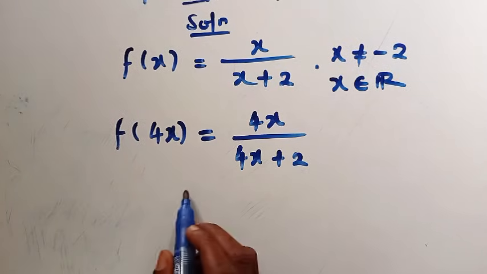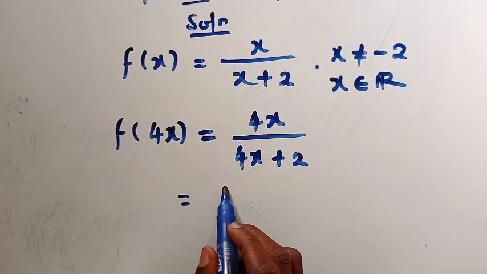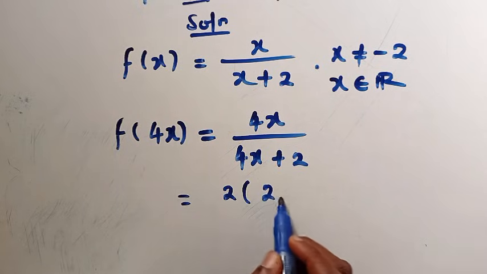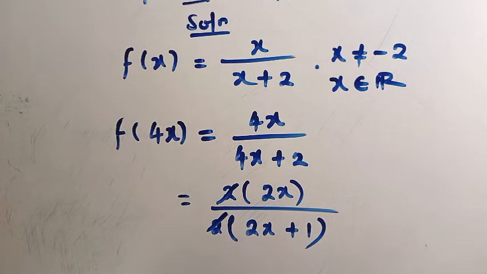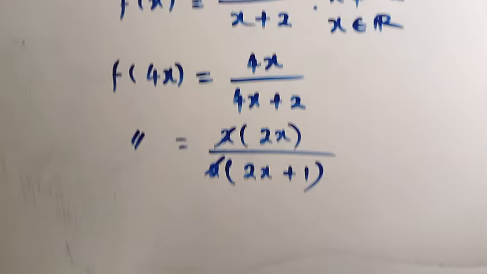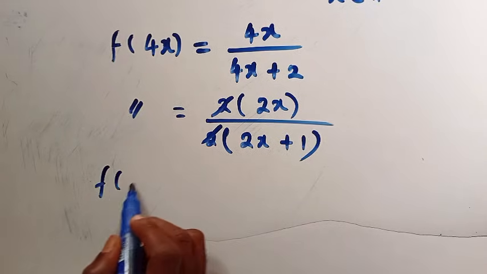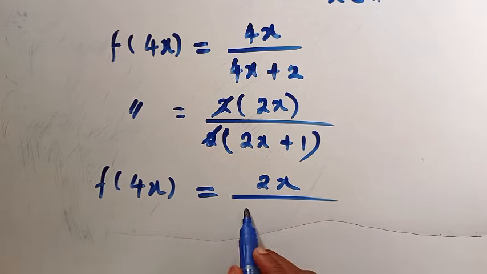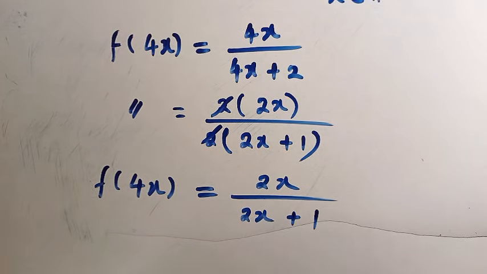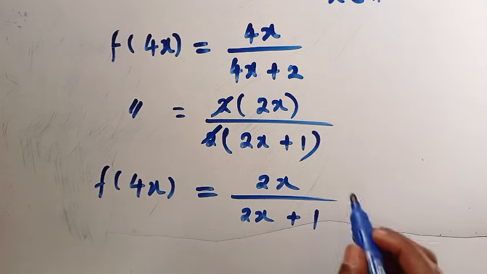By simplifying this, we factor out 2 here, so there remains 2x divided by, also factoring out 2 from here, 2x plus 1. The 2 cancels the 2, then we have f(4x) equals 2x divided by 2x plus 1. So here is our first step to take.